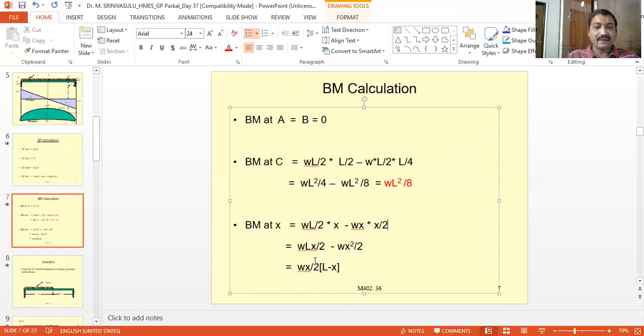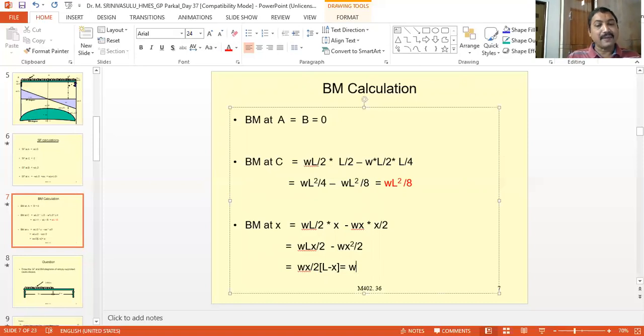Even that we can confirm by this. So here what is happening? The bending moment at a point x is equal to w into x into (L minus x) by 2. So this is the equation. If you see here, the same w will be there, and what is the x distance?